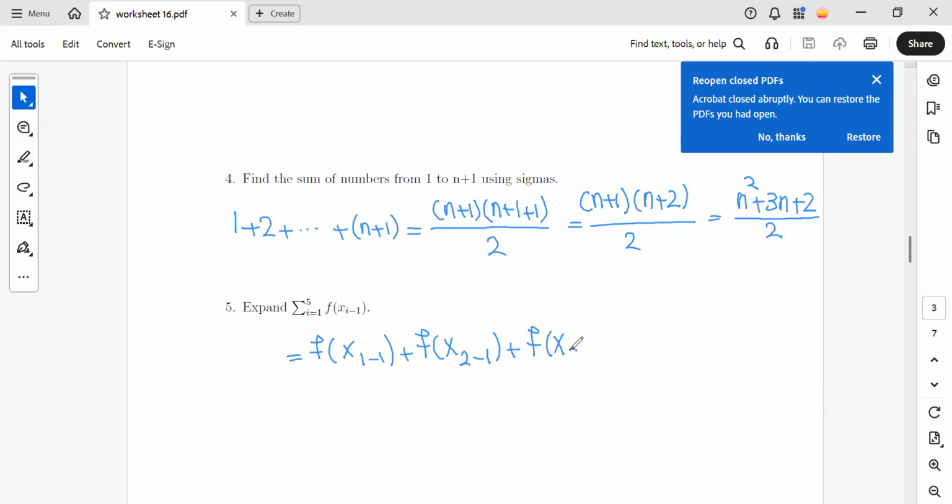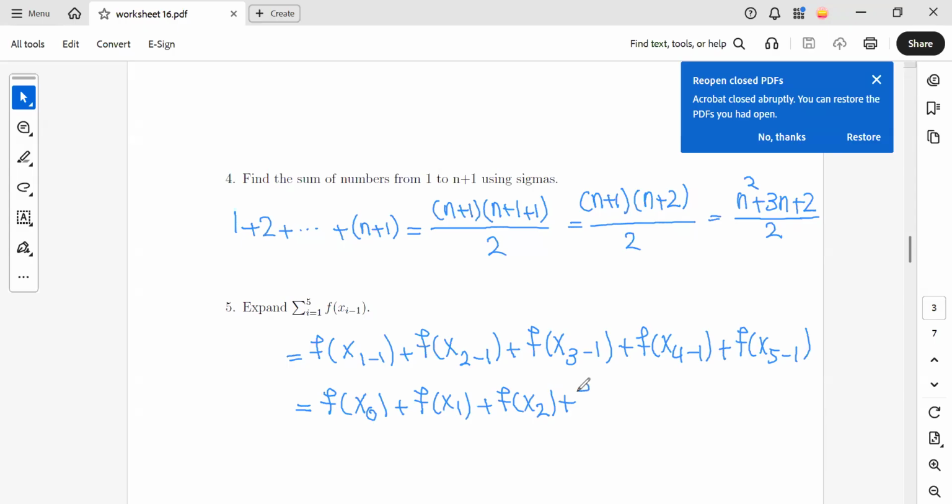Next one, 3 minus 1. Next one, 4 minus 1. And the last one, 5 minus 1. So we would rewrite it as f of x sub 0, f of x sub 1, f of x sub 2, f of x sub 3, and f of x sub 4 here.